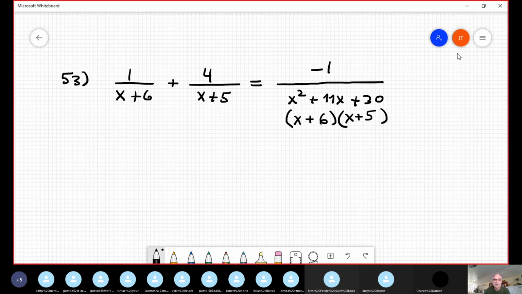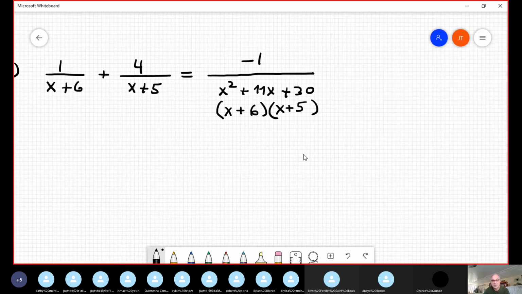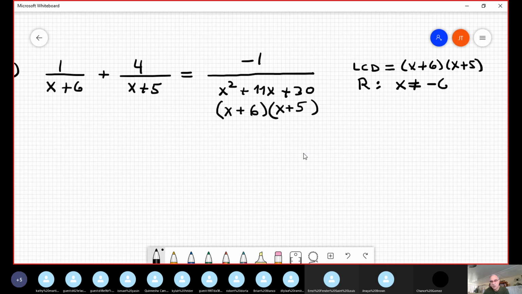Now it's obvious that the least common denominator is this one, no? It is x plus 6 times x plus 5. And the restrictions associated with this are x not equal to minus 6 and minus 5. Exactly. It's a bad guy in my problem.